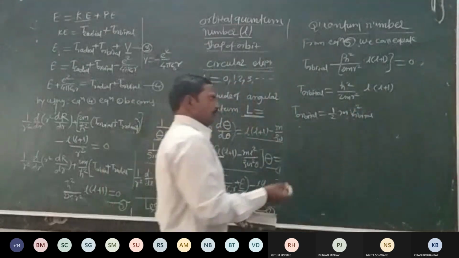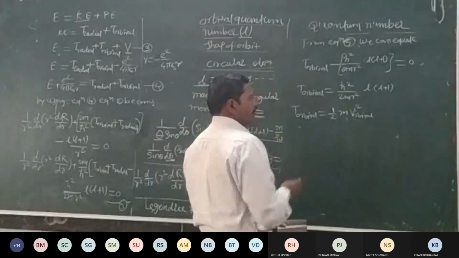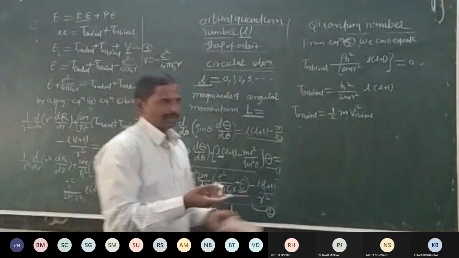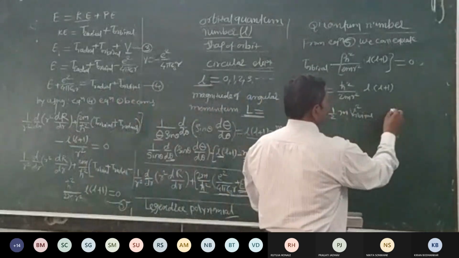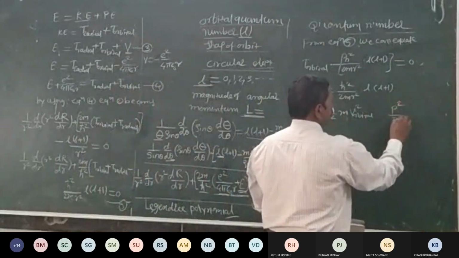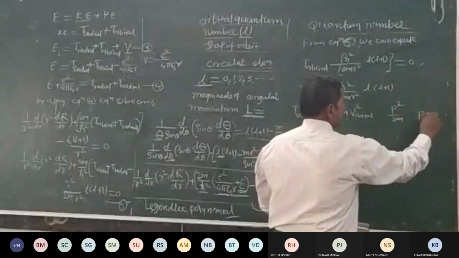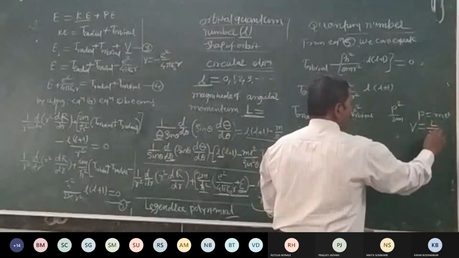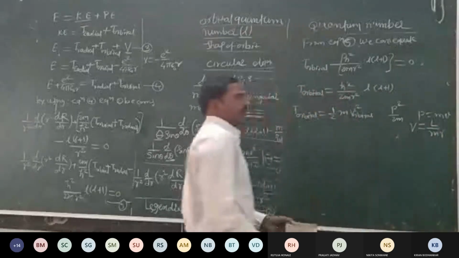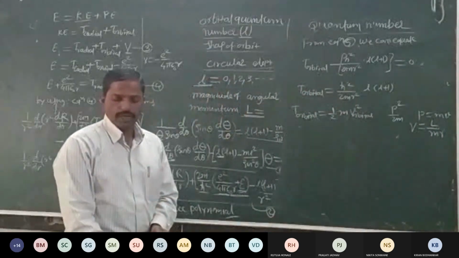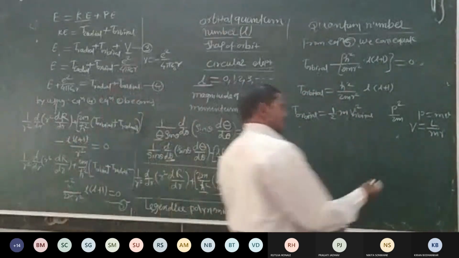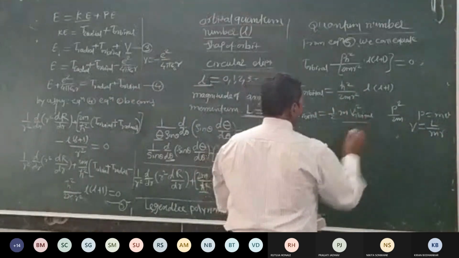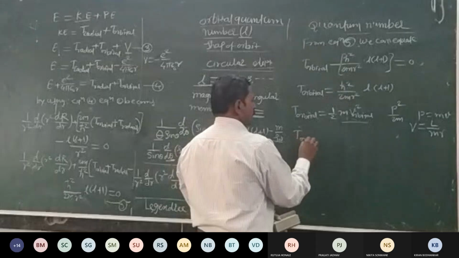This can be written as p square upon 2m, that is p is equal to mv, and v is equal to L upon mr. On putting this v equal to L upon mr in this equation we get T orbital.